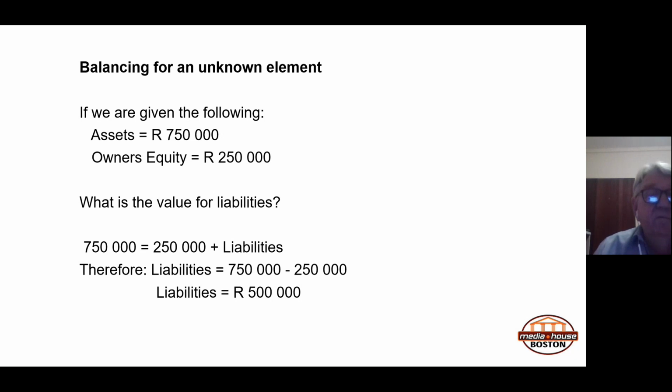When we do the maths, liabilities is equal to 750,000 minus 250,000, and therefore liabilities is equal to 500,000. So you must be able to do a calculation either way. If you get two of the variables, you must be able to calculate the third one.